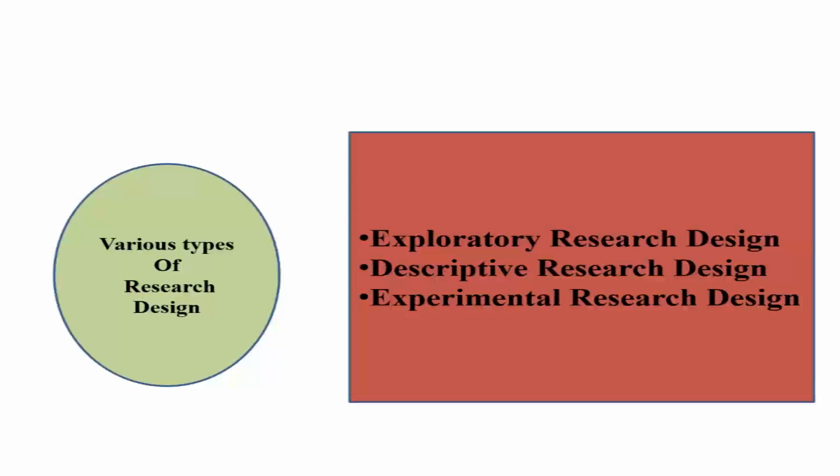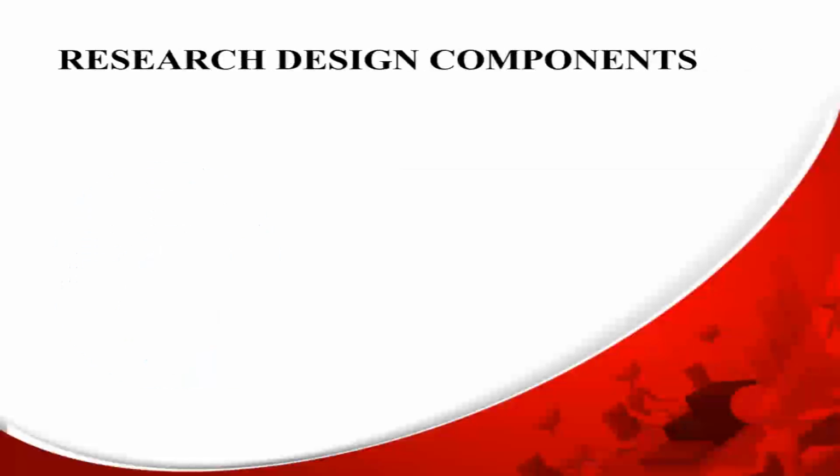There are various types of research designs like exploratory research design, descriptive research design, and experimental research design, etc., out of which the researcher can select an appropriate research design. The selection of research design depends on the nature of research problem.